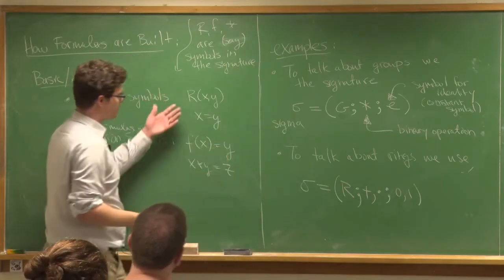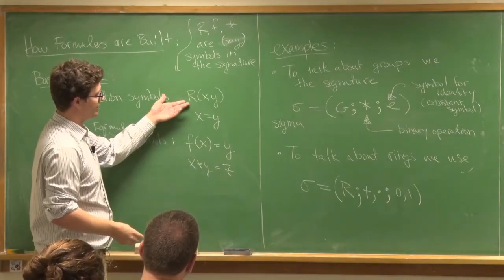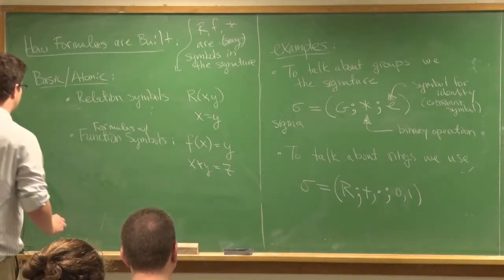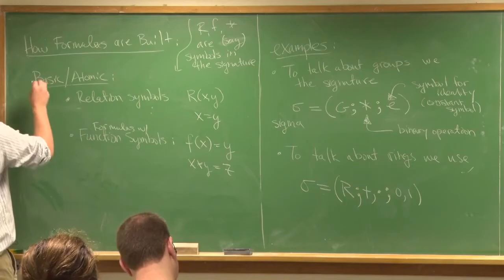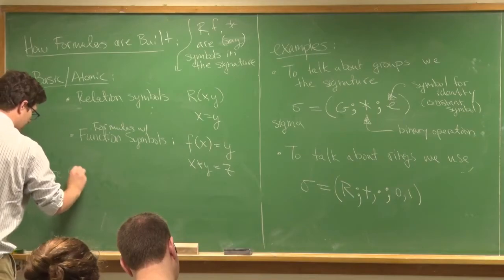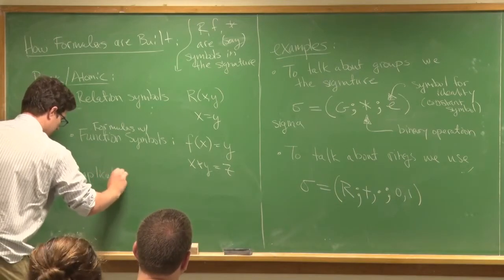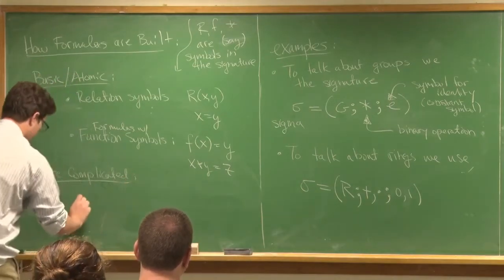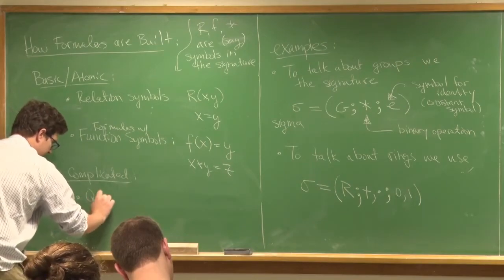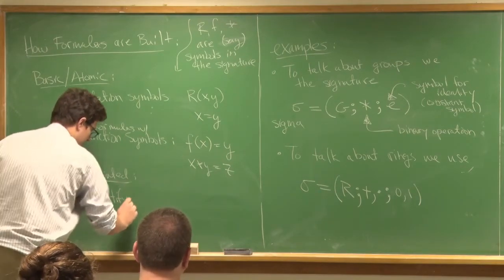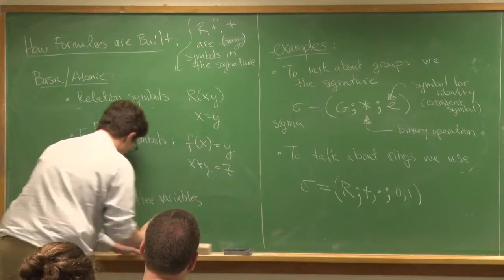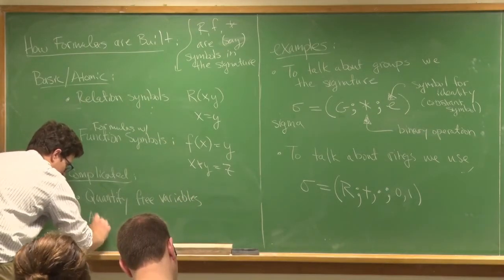Okay, so we could start with a basic relationship. If we have a relation in our signature, we can start with a basic formula like this. Okay, and then you go from basic ones to more complicated ones. By taking basic ones, you can quantify free variables, or you can apply connectives.